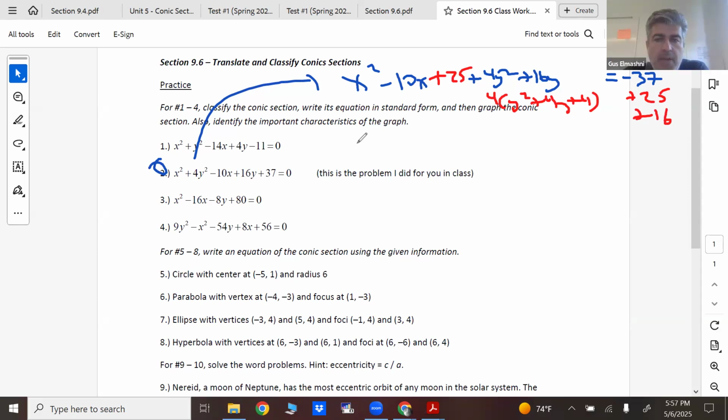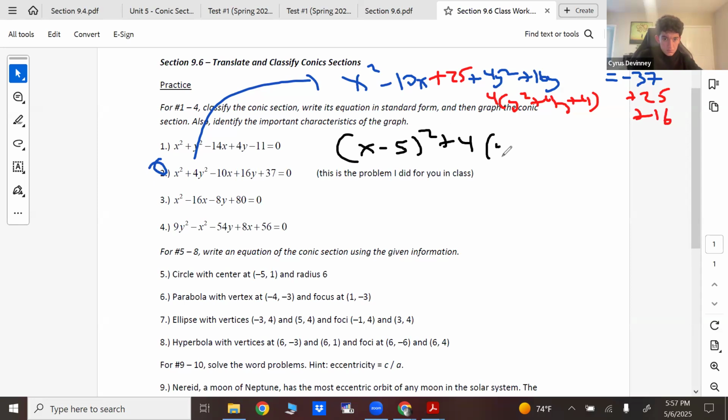So when I work it out, I get x minus 5 squared plus 4 parentheses y plus 2 squared equals 4. Divide everything by 4.